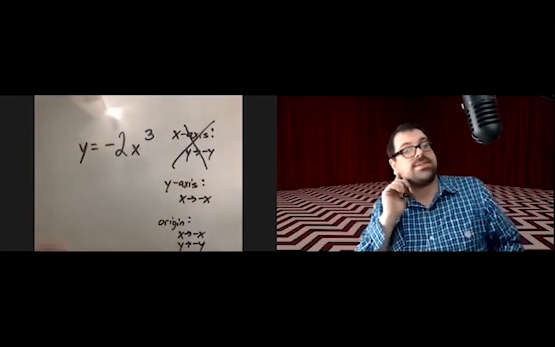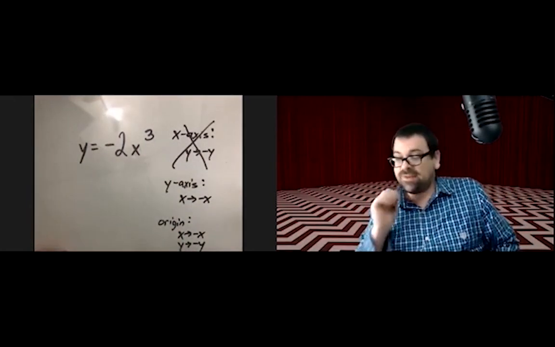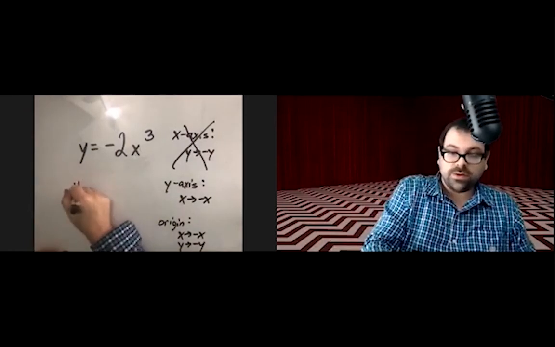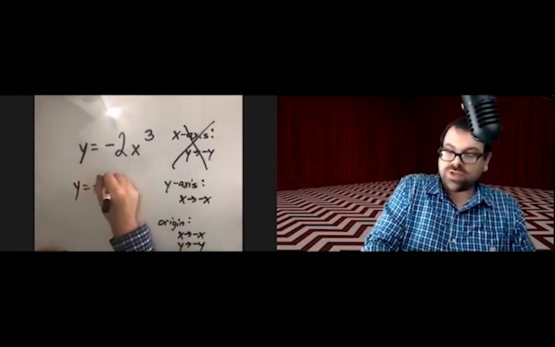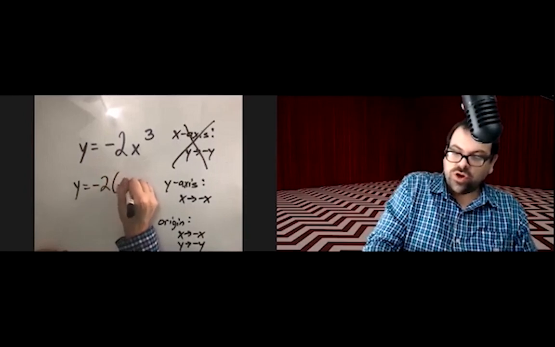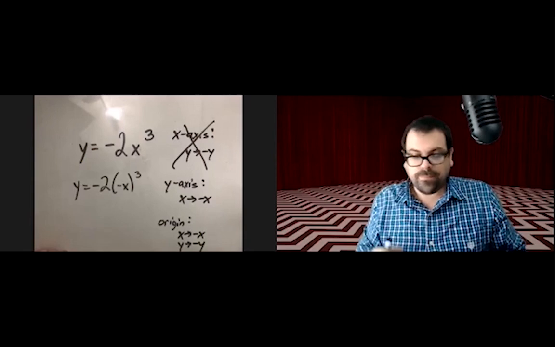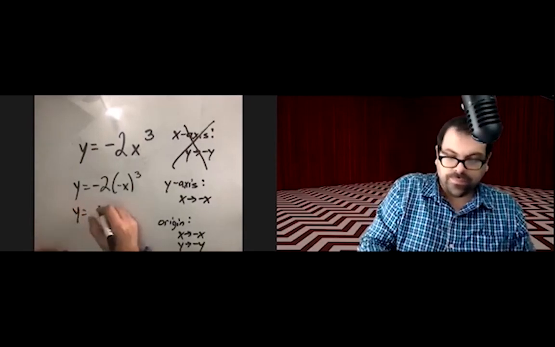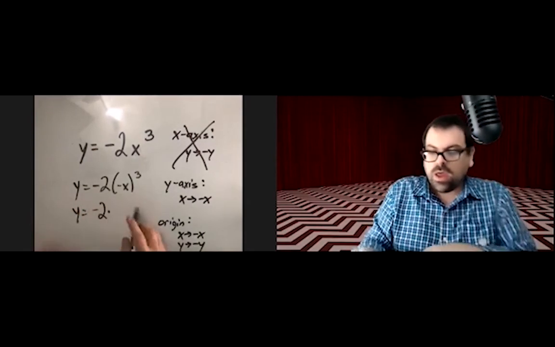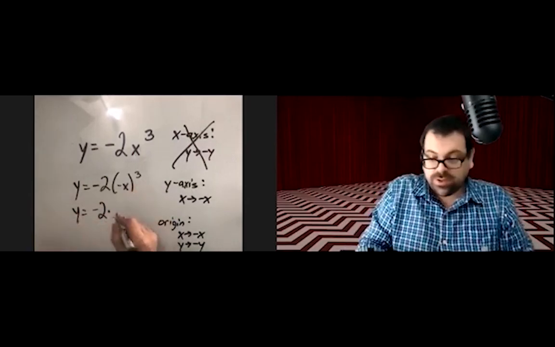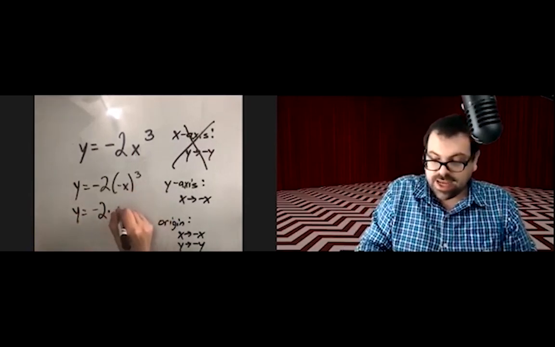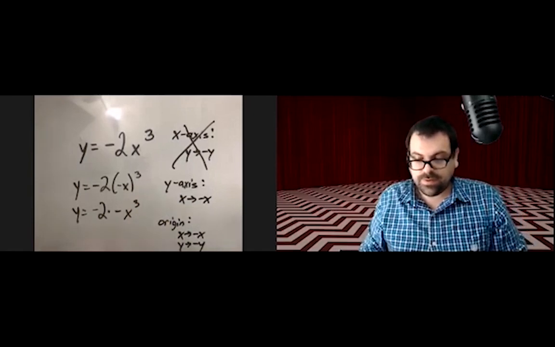Next, for y-axis symmetry, we replace x with negative x. So y equals negative 2 times negative x cubed. A negative cubed is negative.